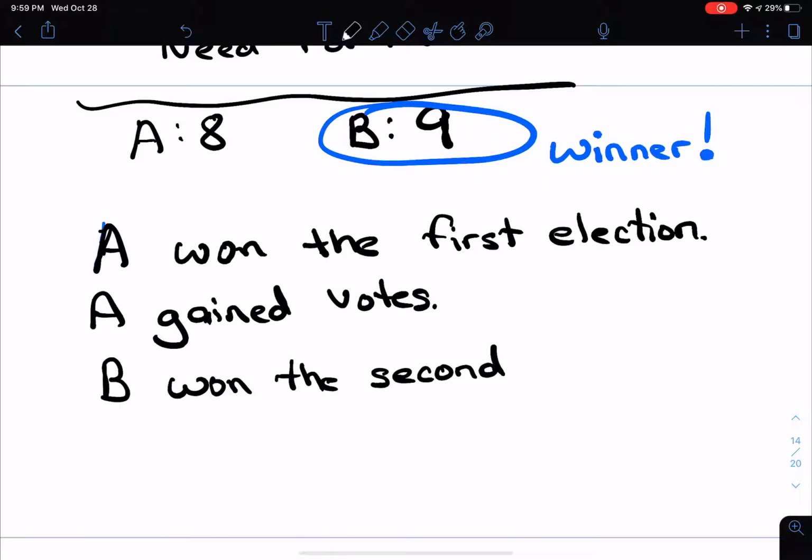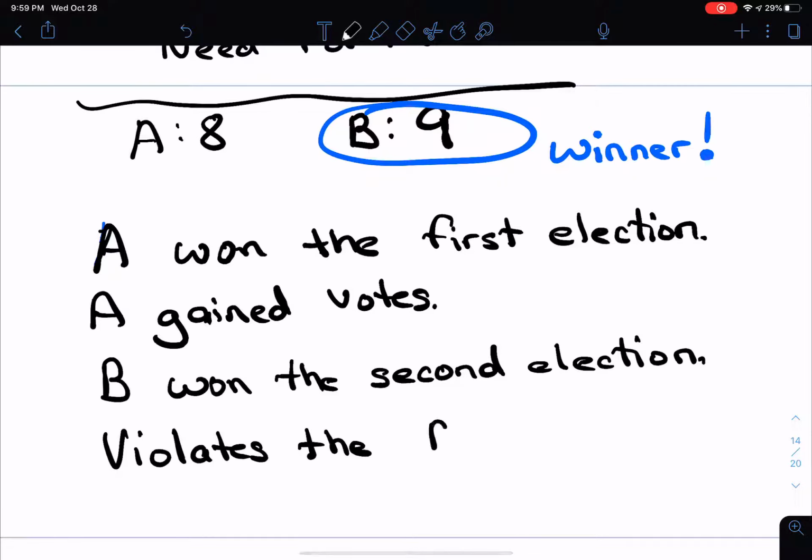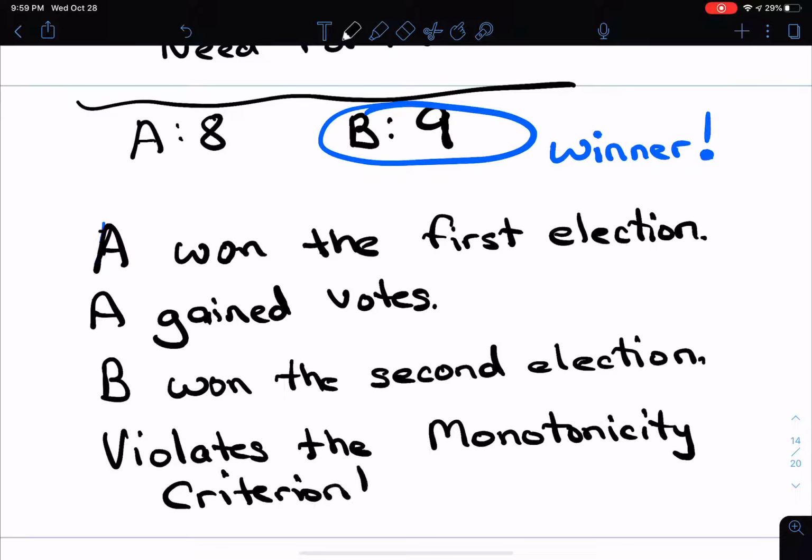It wasn't like B gained a bunch of votes. It was just the way everything was with the plurality elimination method when we eliminated C. So this violates the monotonicity criterion. Interesting, isn't it?